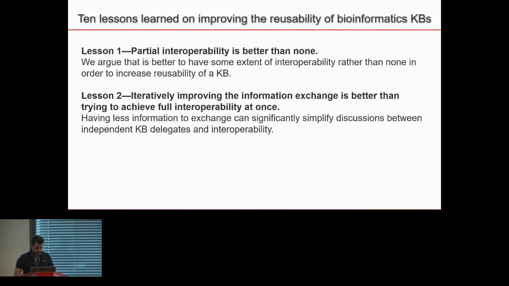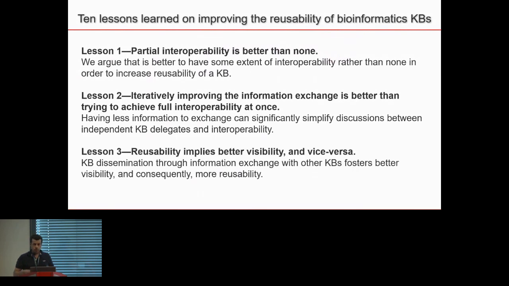The third lesson learned is that reusability implies better visibility and vice versa. What do we mean by that? Once the data is reused by another knowledge base, you also reach the community that is using that knowledge base. Even if they don't know which is the data source, in terms of data reuse you get more users using it besides the knowledge base itself.